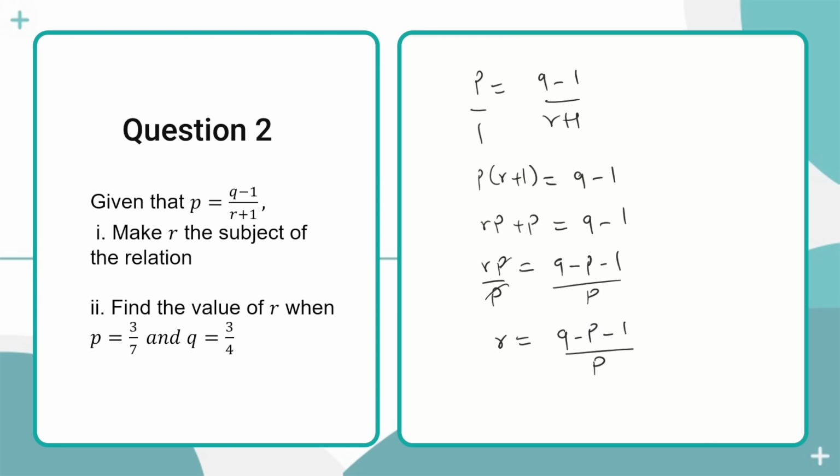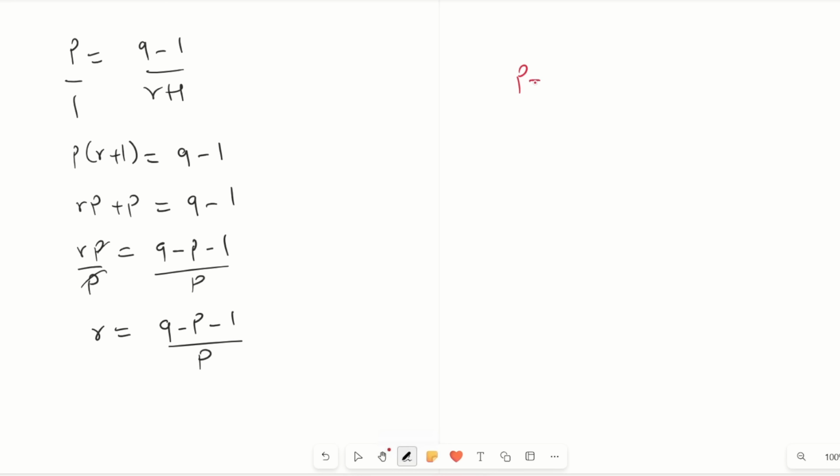Right, so once we've been able to do this, we have been given some values for our P and our Q, and we are asked to substitute so that we can find the value of R. So our P in the question is equal to 3 over 7, and our Q is equal to 3 over 4. Wherever we see our Q, we'll put 3 over 4 there, and wherever we see our P, we'll put 3 over 7 there.